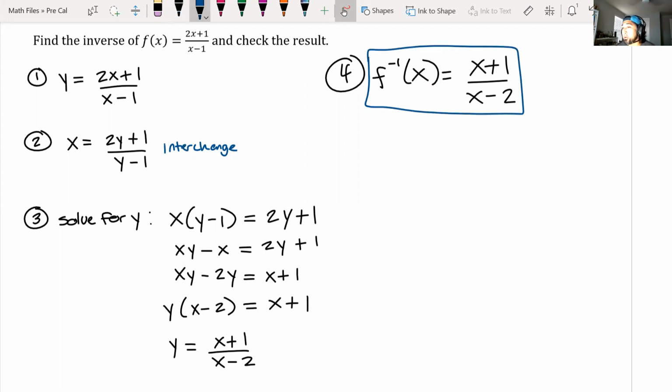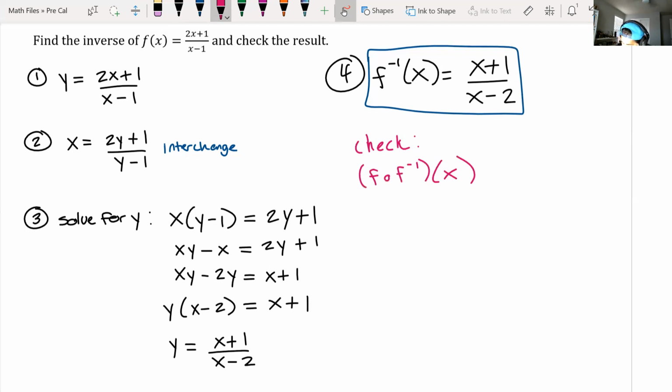Oh, but now the fun begins, because we're going to check our work. All right, but before we do, any questions on that process? All right, so let's check. We're going to do f composed with the inverse.